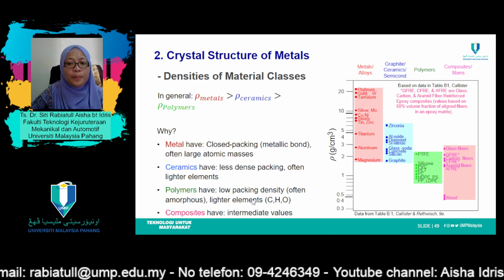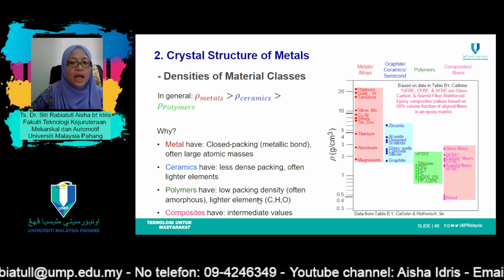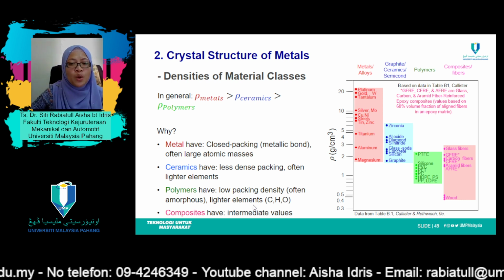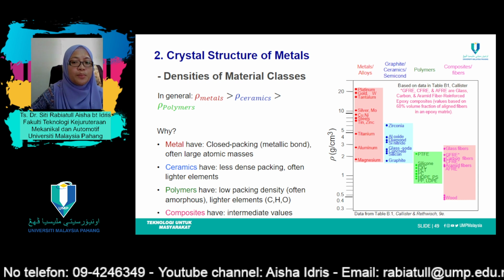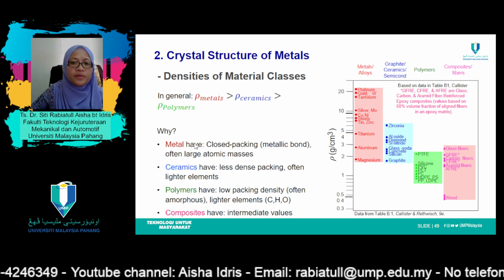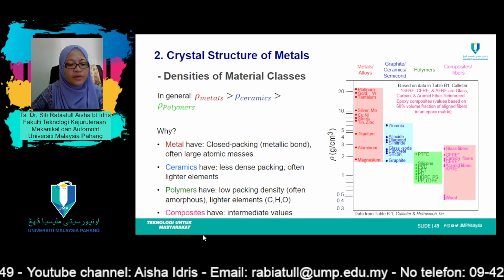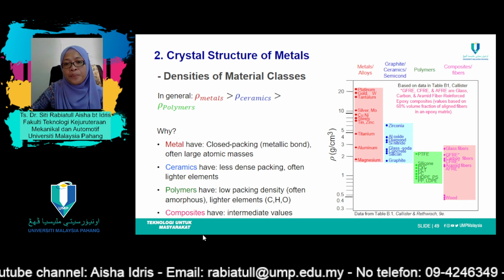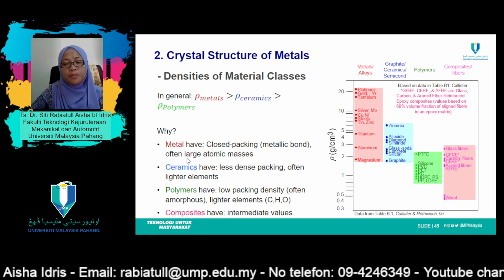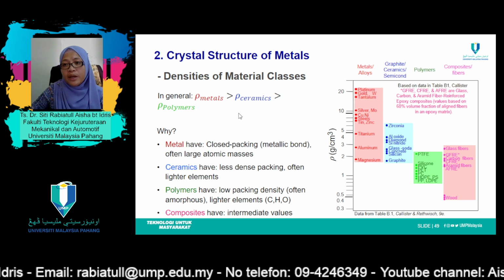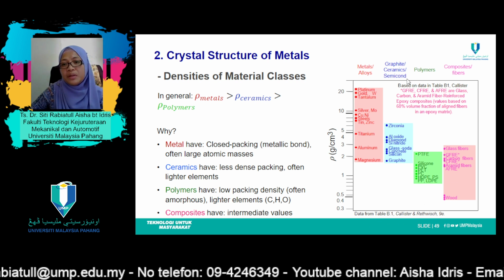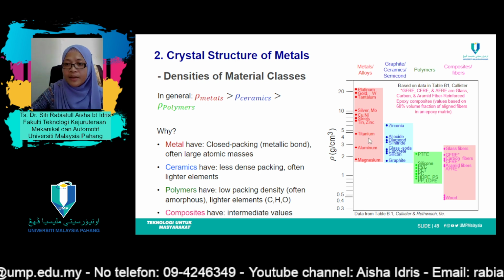Polymer has low packing density, normally amorphous with light elements like carbon, hydrogen, oxygen, whereas composites have intermediate values. So that's why you see different types of materials have different properties. Density is one of the properties of materials, and you may refer to this table for the differences or material classification for density.